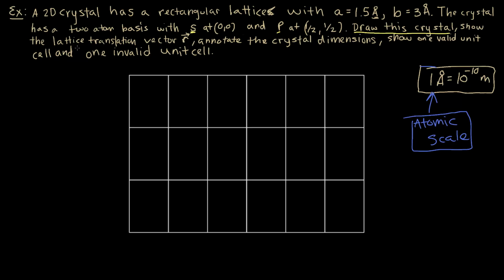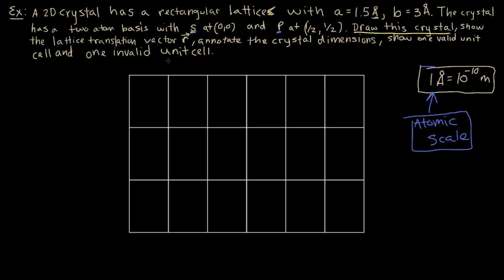This crystal has a 2-atom basis with an atom I'm calling S at 0, 0, and an atom I'm calling P at 1/2, 1/2. This problem asks us to draw the crystal, show the lattice translation vector R, and then annotate the crystal directions and show one valid unit cell and one invalid unit cell.